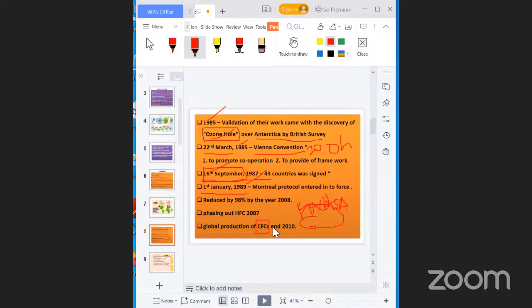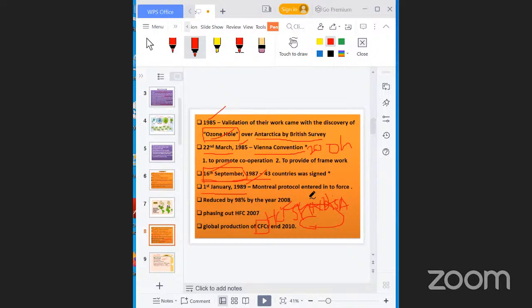There was another idea to substitute chlorofluorocarbons with hydrochlorofluorocarbons, which were less reactive and less harmful in comparison, and these came into effect.